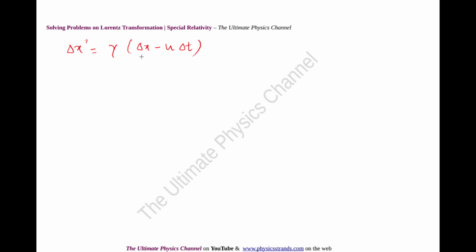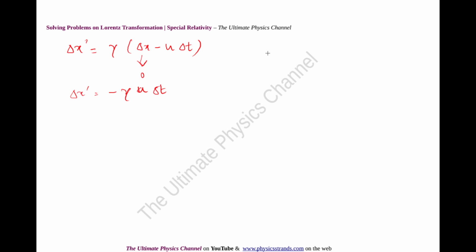Since del x is 0, del x prime is equal to minus gamma times u times del t. This is one equation we can straight away write.